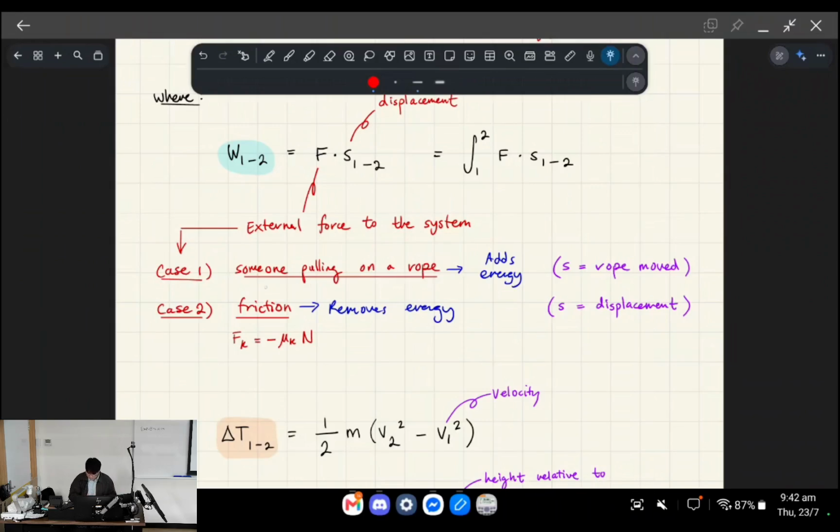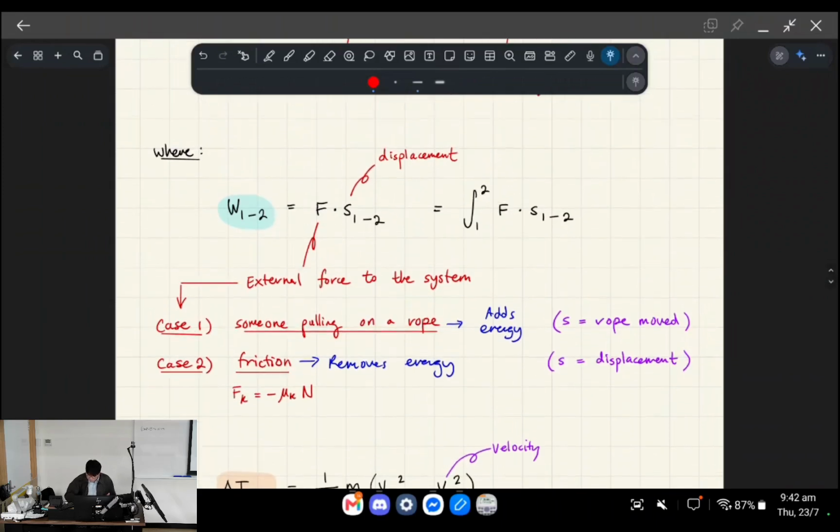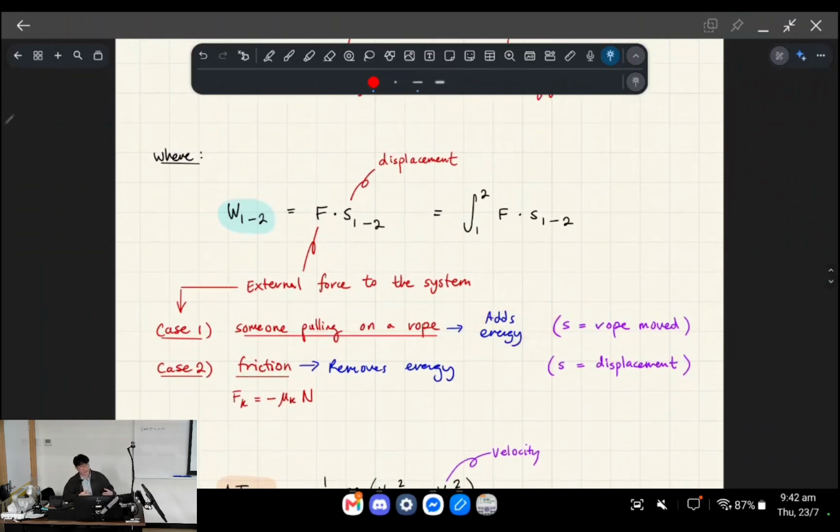The first one is if someone is pulling on a rope, for example, this is adding energy to the system. And the amount that the rope has moved is going to be that displacement value that you're interested in. Okay, and then the second case is, say, friction that's removing energy from the system. And in that case, S will be representing how far along it's slid.